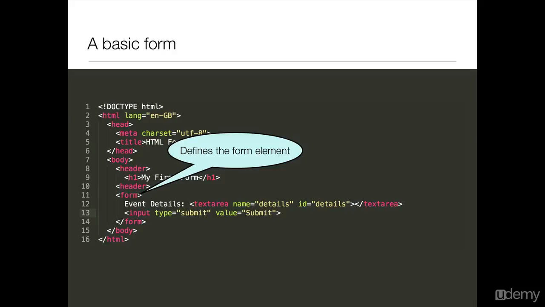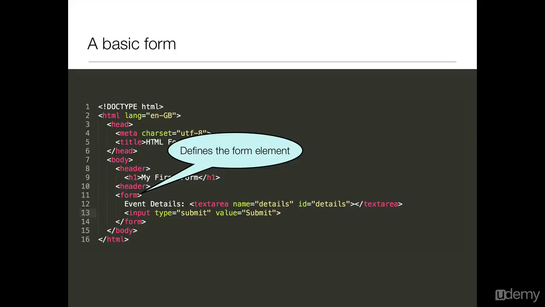And in this particular form, I've got two elements within the form. I've got a text area for input in free text, and then what you will invariably have is a submit button, something for the user to press once they've entered all the details.